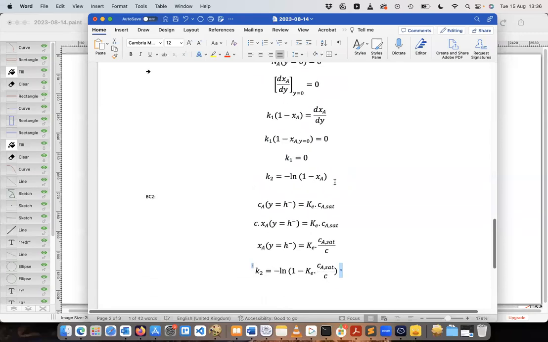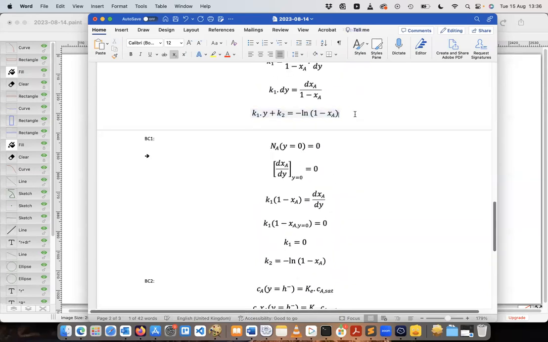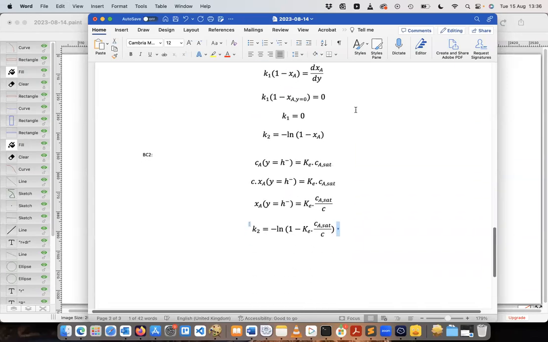And in fact, if we apply this, let's look at what XA is, and let's see whether this makes sense. So we've got K2. So we know K1 is 0, so this part can vanish. And then K2 is equal to all this. And now we've got minus log on both sides.